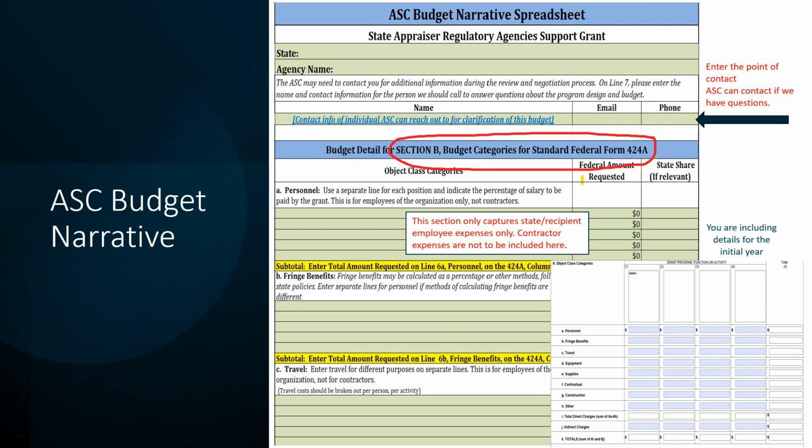You would calculate 5% of their total salary, and that's the cost that you would put in the federal amount requested. Same for their fringe. It would be 5% of their fringe. You would calculate that and put that on the narrative. Same for travel. If you are requesting travel, you will indicate travel for 4 individuals to training XYZ would cost X amount, and so forth.